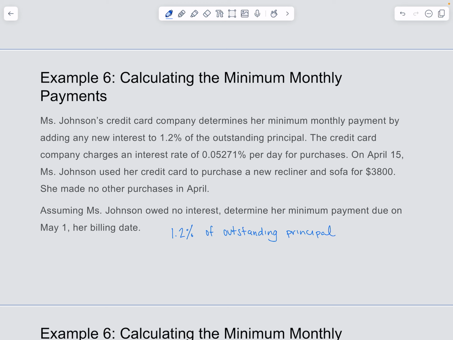So turning these words into an equation like we did before, 1.2% is 0.012 of, always means multiply, and our outstanding balance, she owes $3,800. So multiplying that, you should get 45.60.